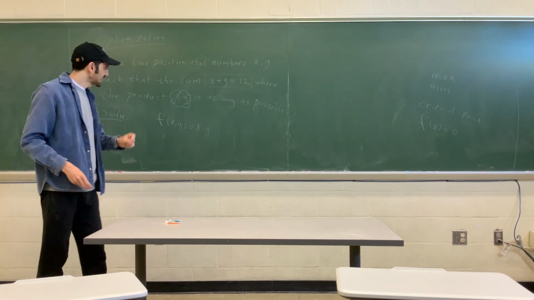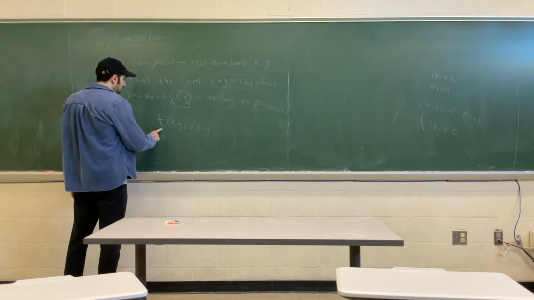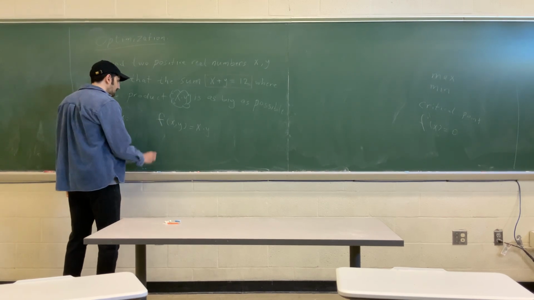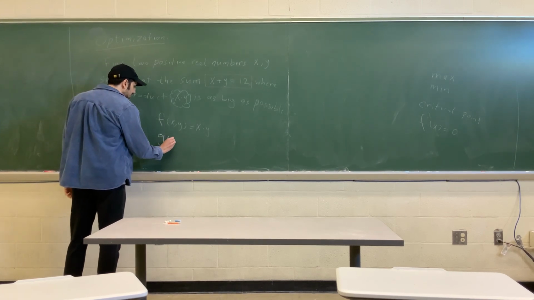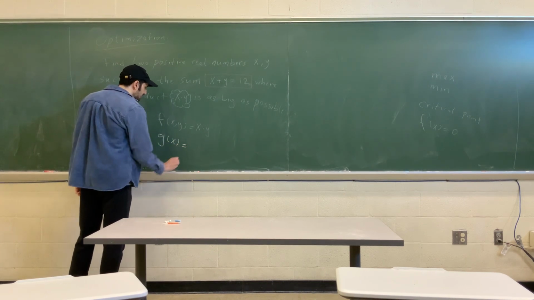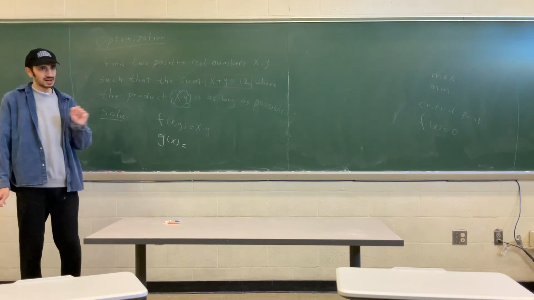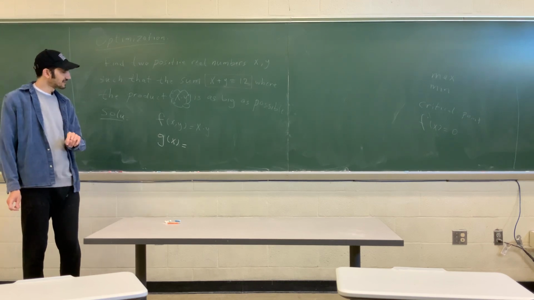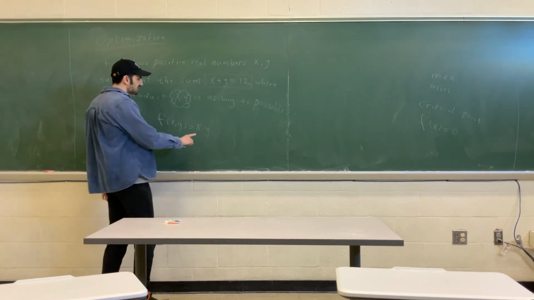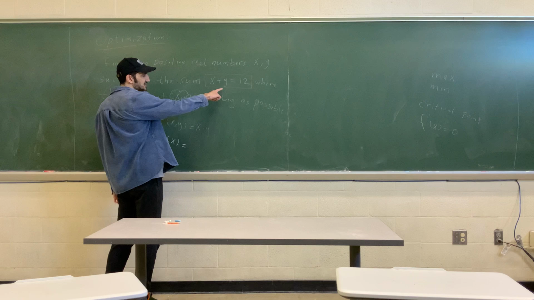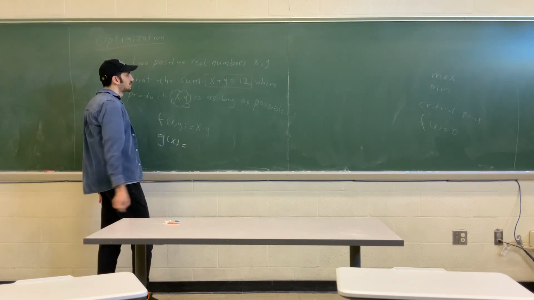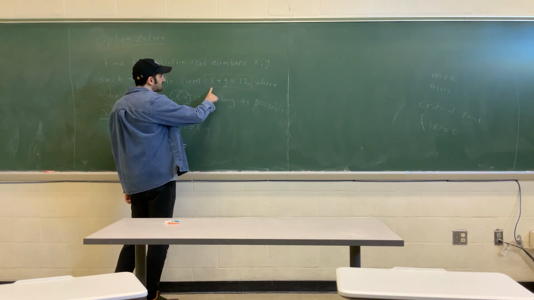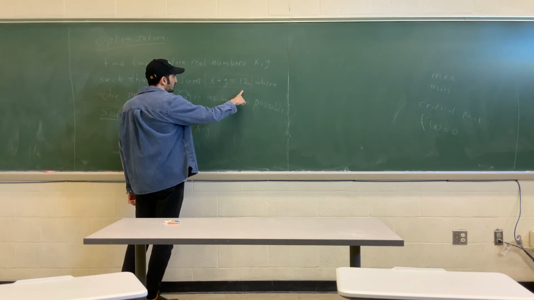Good for you, exactly as you said. Instead of dealing with function of two variables, I'm going to deal with a new function just in terms of x. But how? I'm going to replace the second variable y in terms of x using this relation I have above. Take a look above. Above, I have x plus y equals 12.